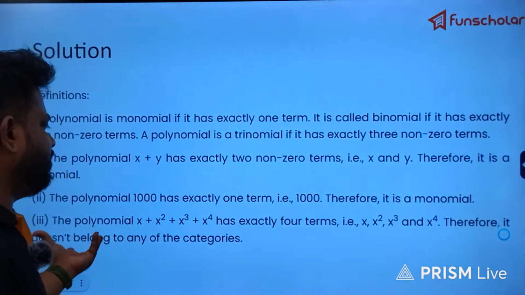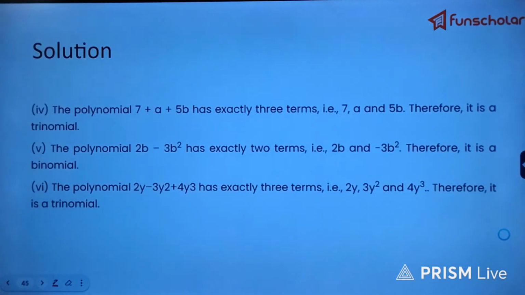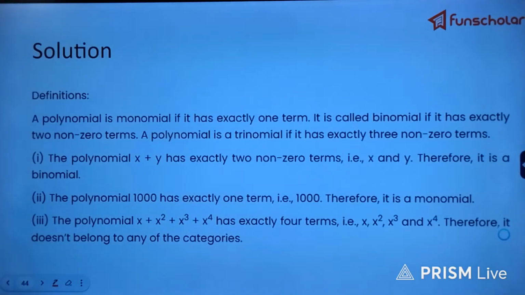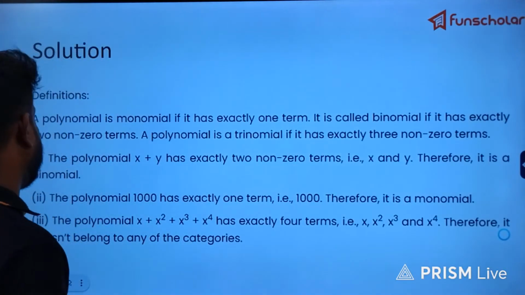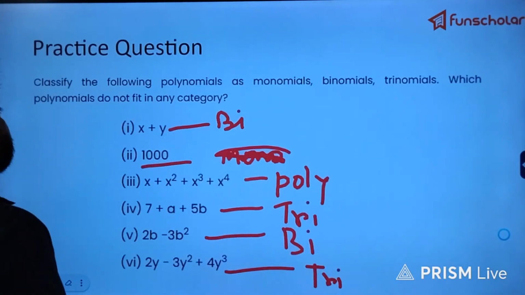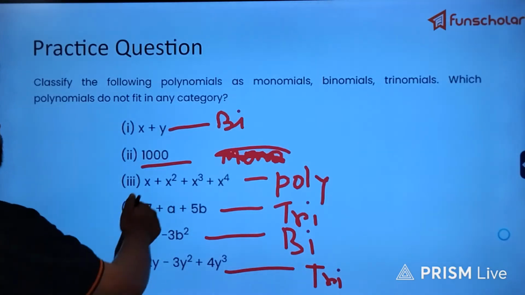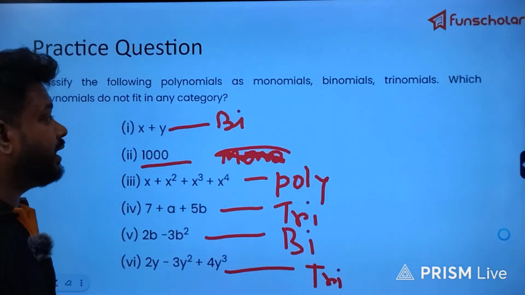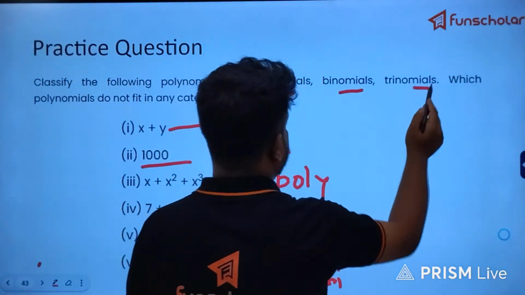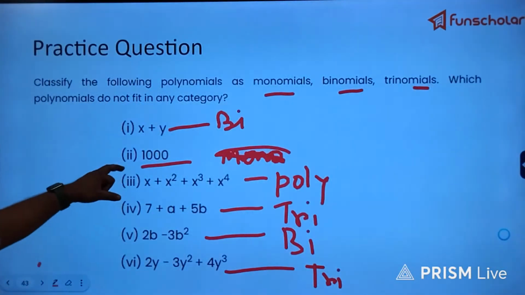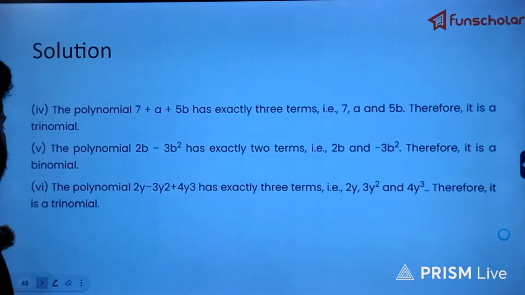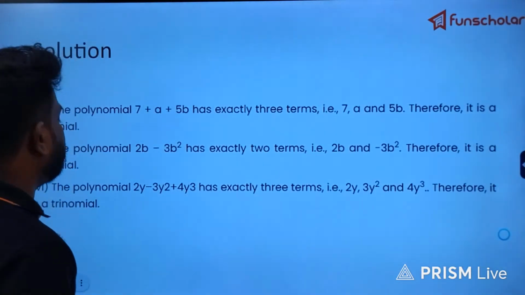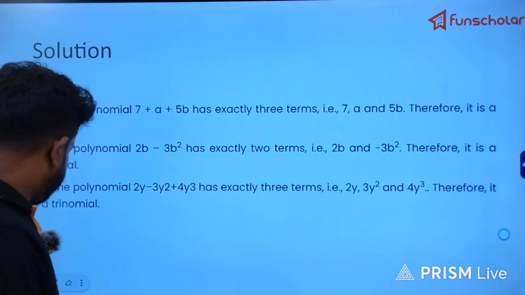The fourth one is a polynomial with exactly 4 terms, therefore it doesn't belong, since they have asked us for monomial, binomial and trinomial. And the rest, 4, 5 and 6, are trinomial, binomial and again a trinomial.